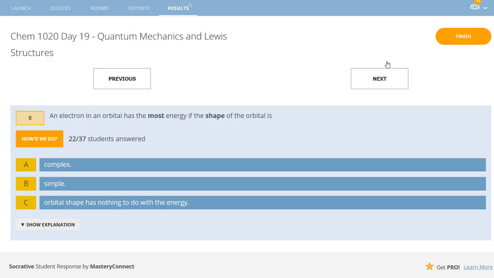I'm passing out new periodic tables for everyone because we're going to be writing on these here today. I can pretty much guarantee you're going to see the last two questions on your next exam.